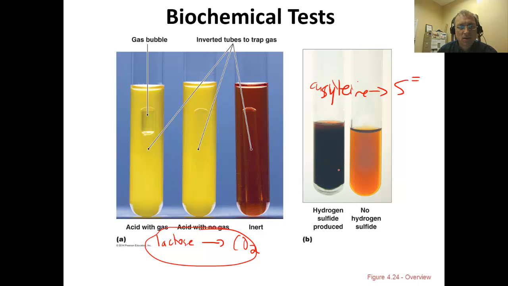The drawback of using biochemical tests is that they all require incubation, which means that if you have an unknown microorganism on a microscope slide or that you've just pulled from a patient, you're not going to get these answers until after a period of time that the microorganism has been able to grow sufficiently to produce the gas bubble or the hydrogen sulfide. If you need an answer super quick, this is not going to give you the answer.